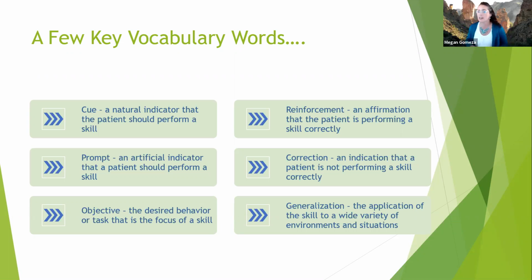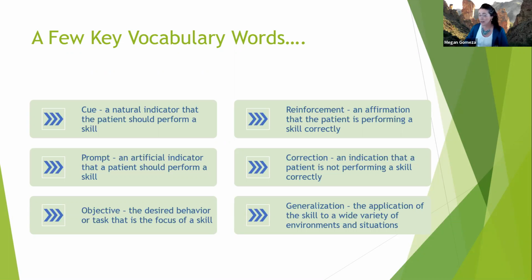So a cue is a natural indicator that a patient should perform a skill. So a cue might be that for us, we go to a strange restaurant and our plates are put in front of us and no utensils are provided.